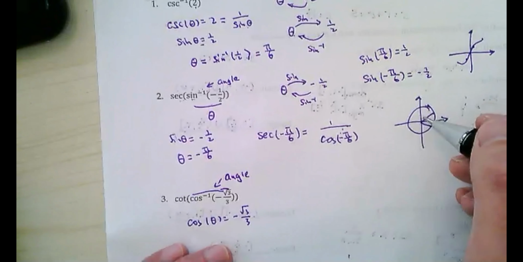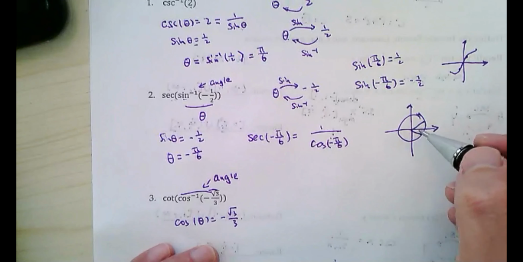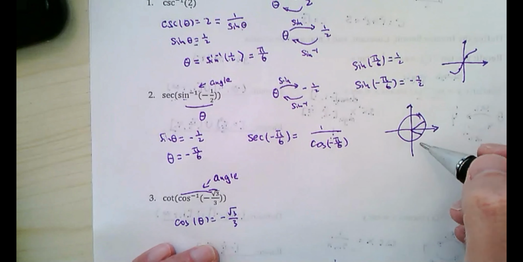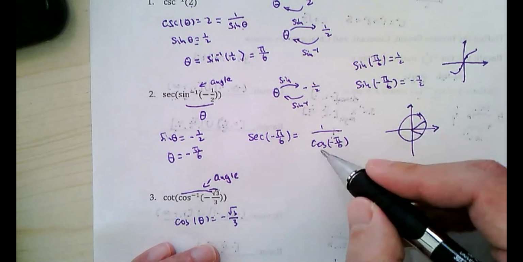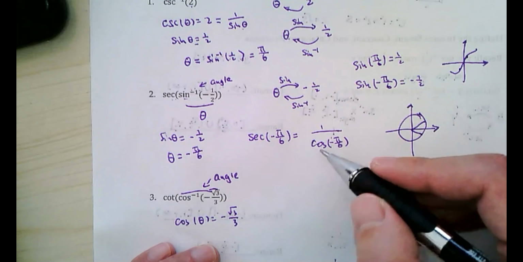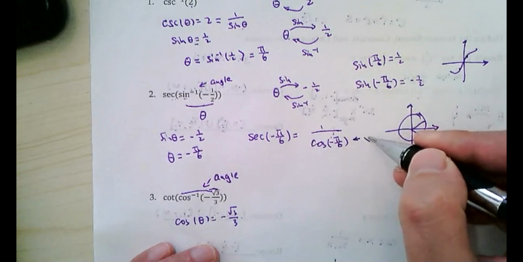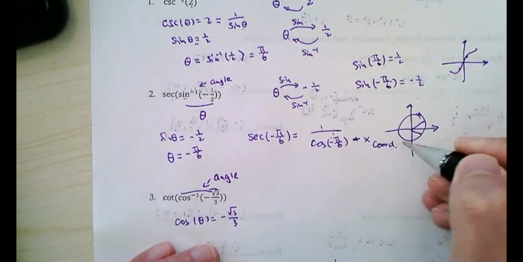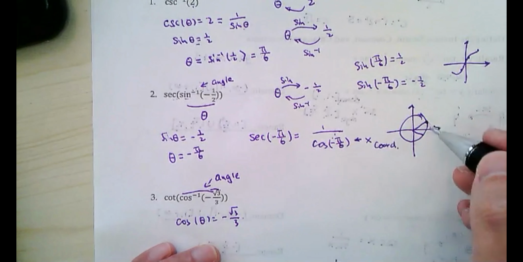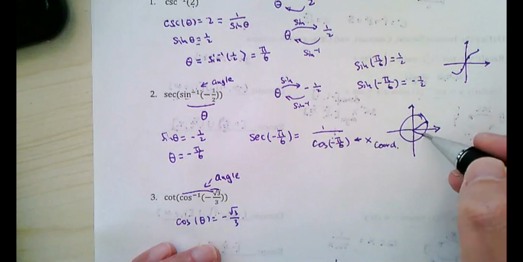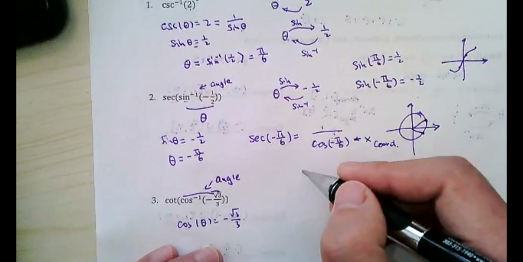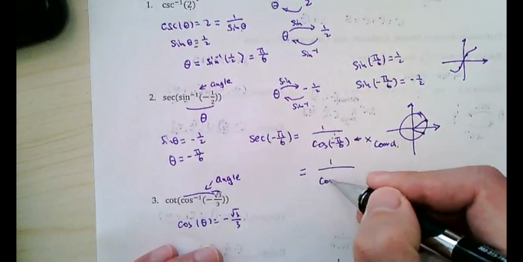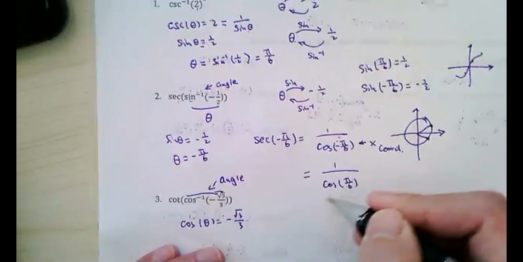Sorry, this is not a unit circle. This looks so stretched out. But just think of it as a unit circle. And the cosine value of it just depends on the x coordinate of the terminal point, right? So pi/6 and -pi/6 have the same x coordinate. So this is equal to cosine pi/6.